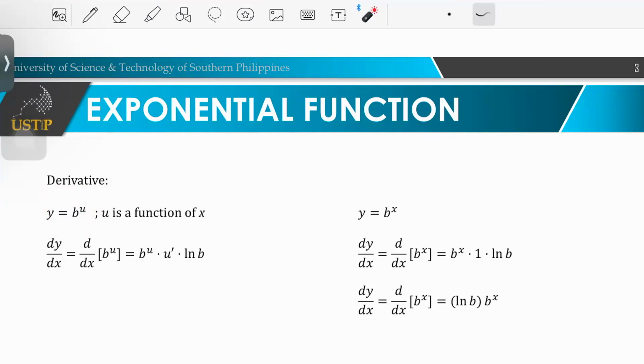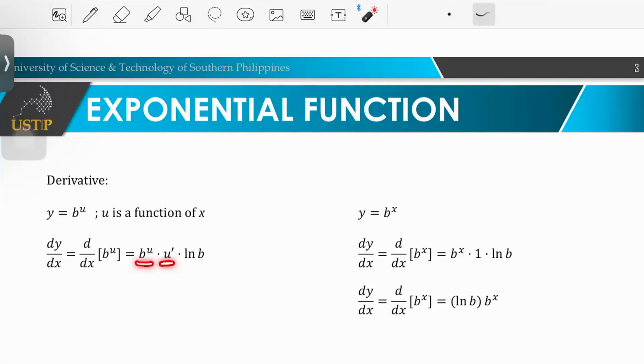The derivative of an exponential function is very easy. That would be the derivative of b to the u, where u is a function of x. All you have to do, class, is copy b to the u. Get the derivative u prime and multiply.